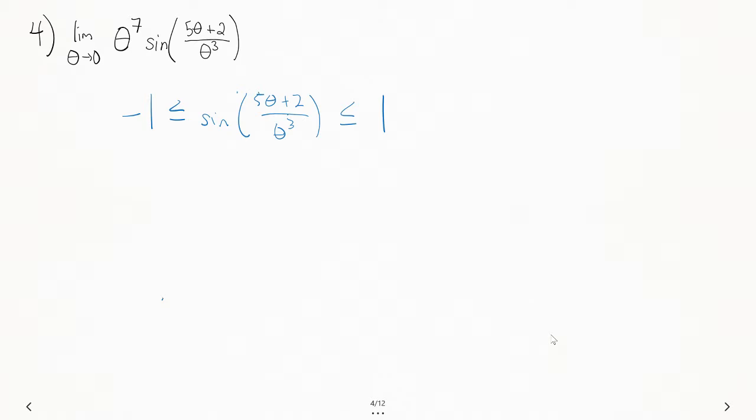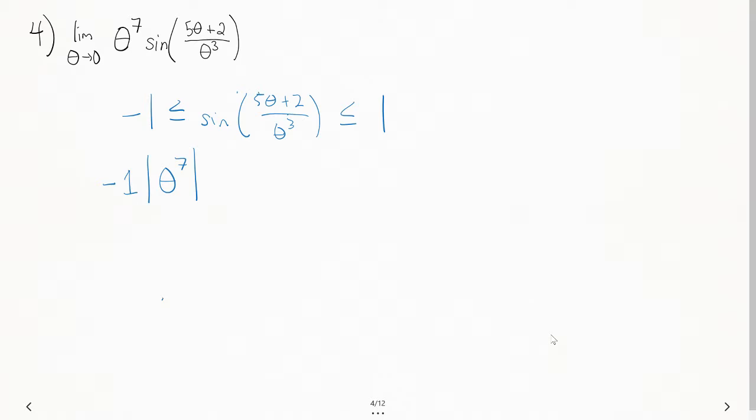Now from here, we can start to work with this a little bit more. We can say, okay, we'll take -1 times this theta to the 7th, and I'm going to put an absolute value here. The reason I'm going to put absolute value is that if you multiply by a negative, it switches the inequality. So I'm going to make sure that's a positive number all the time.